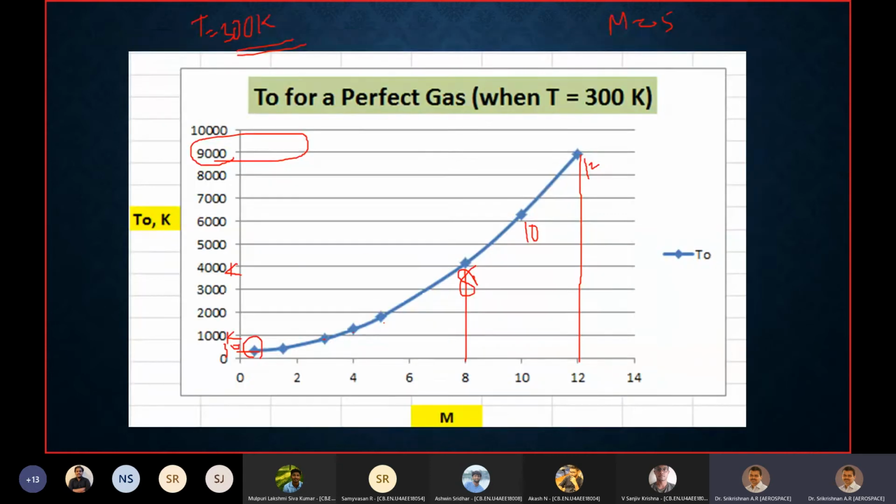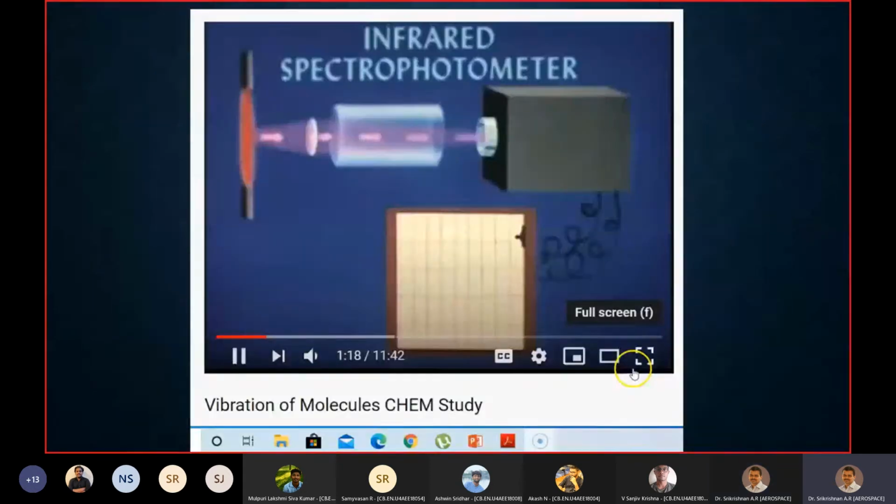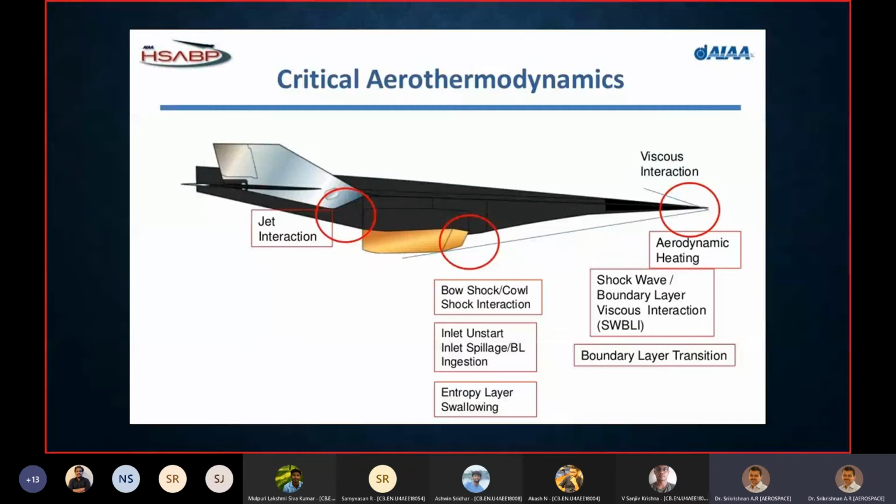These are some of the important effects that characterize hypersonic flows. In hypersonic vehicles, in their design, operation and analysis, all this will be important.